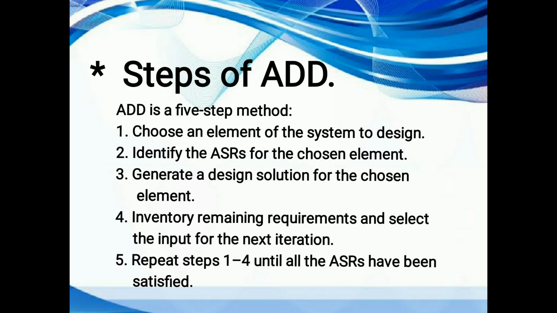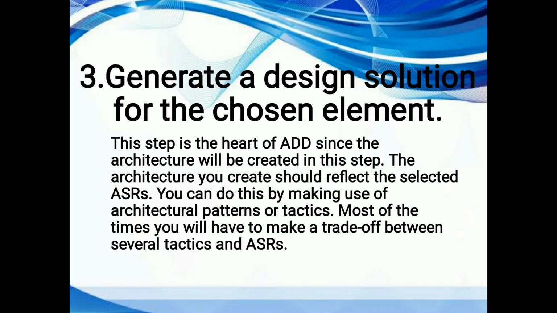After choosing it, in the second step we have to identify the architecturally significant requirements for the chosen element. Identifying is the most important step in the ADD method. After identifying the element, we have to generate a design for the solution.